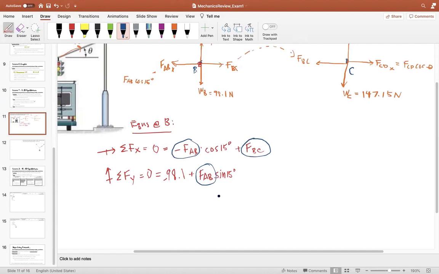Which equation would I solve first and why? The Fy equation. Why? There's only one variable in it. Exactly. So there's only one unknown, so I can solve that entire equation. So I'm going to move this 98.1 over so that it's already nice and pretty. 98.1 is FAB sine 15.